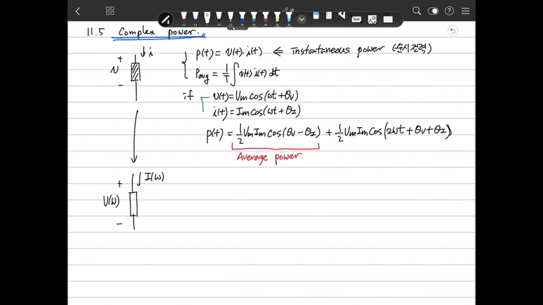Then these time domain variables can be represented as phasors. The voltage phasor has magnitude Vm and phase angle theta V, and the current phasor has magnitude Im and angle theta I. This is a kind of complex number.